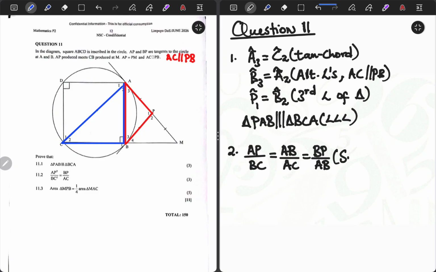Reason: similarity, or similar triangles. Okay, so what can we do with this? Let's see.